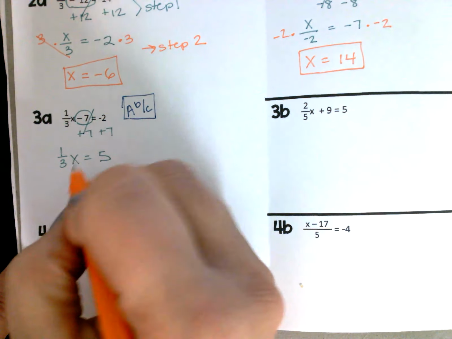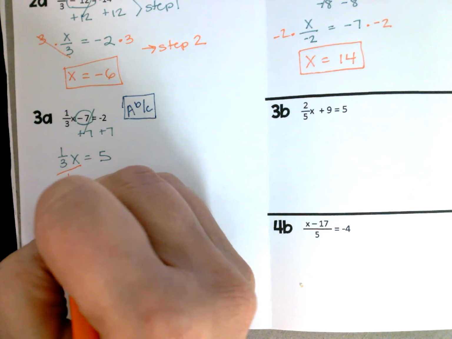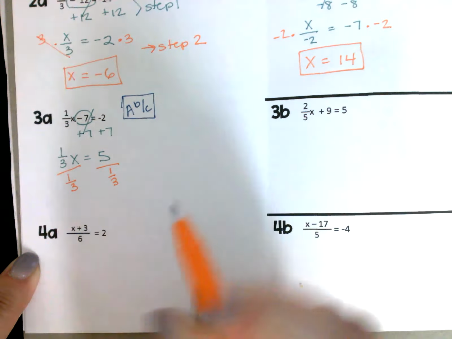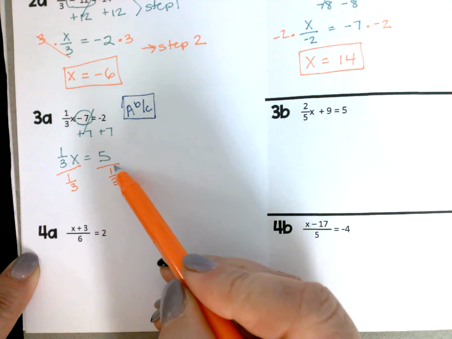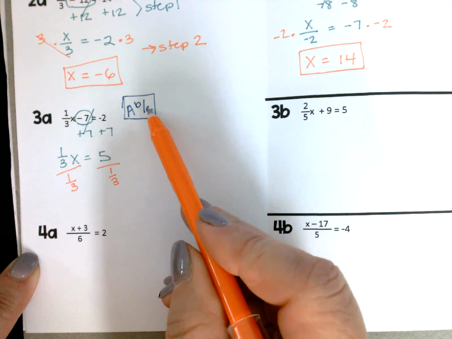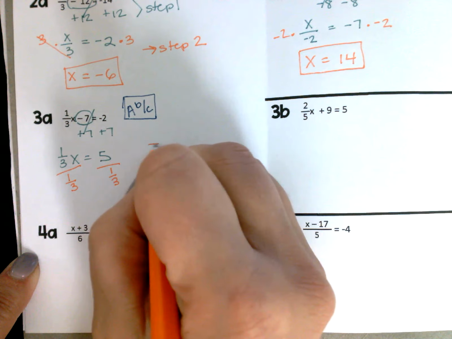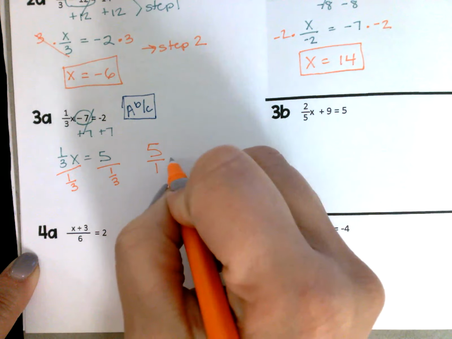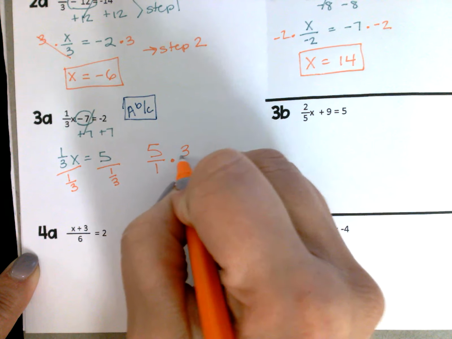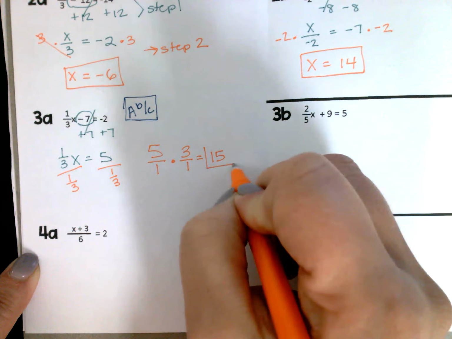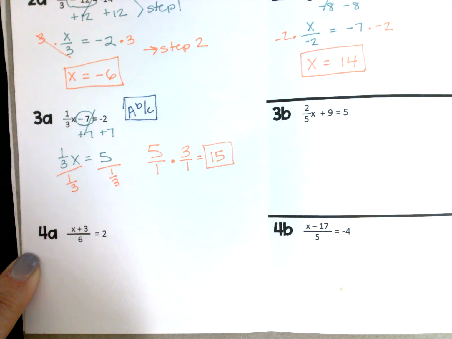To undo the multiplying, I'm going to divide by 1/3. So you will do 5 divided by 1 ABC 3, hit equal. Or we talked about when you're dividing by fractions, it means multiply by the reciprocal, and we should all end up with 15.